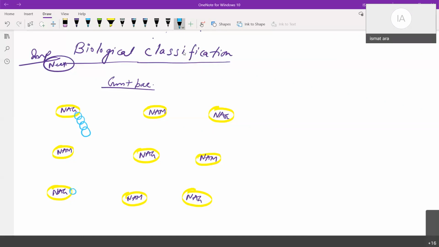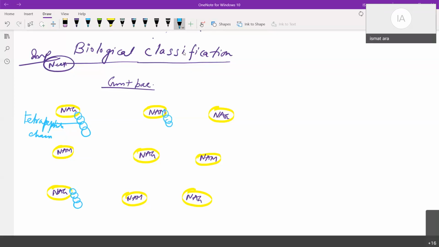Second one, 1, 2, 3, 4. This 4 is tetrapeptide chain. What amino acids are present here, student? L-alanine, D-alanine, D-glutamic acid, and D-lysine. This is tetrapeptide chain. Now, this tetrapeptide chain is linked with its tetrapeptide chain.